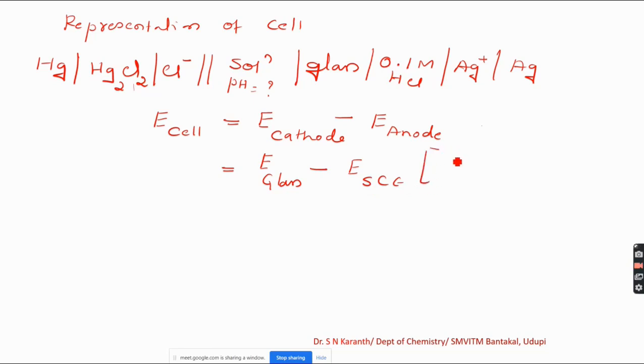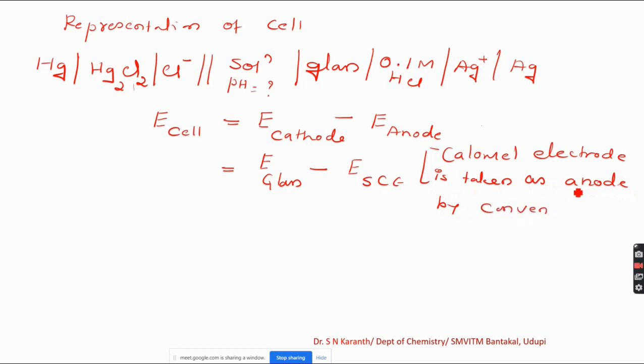See here, the calomel electrode is taken as anode by convention. Just by convention, I take this one as the anode. Then the glass electrode: how do we represent the glass electrode potential?